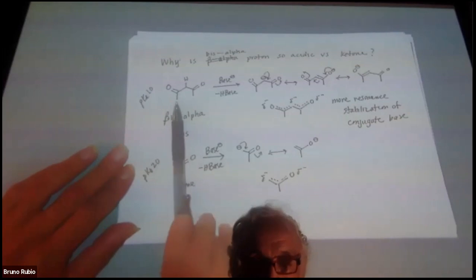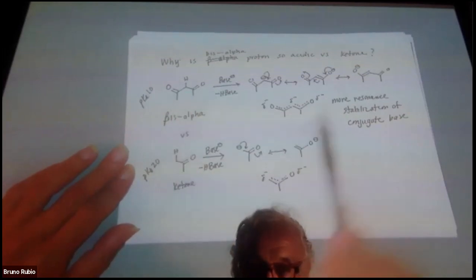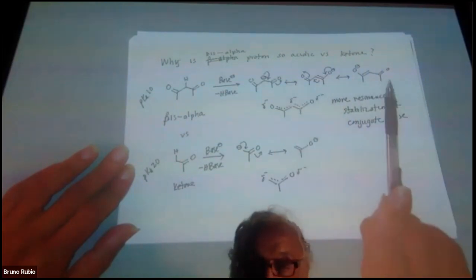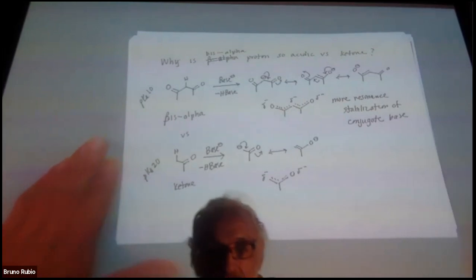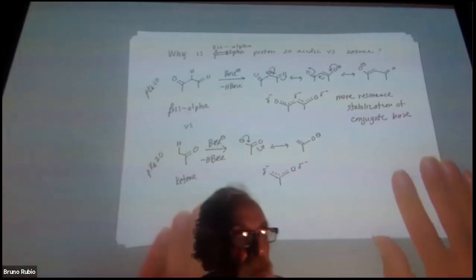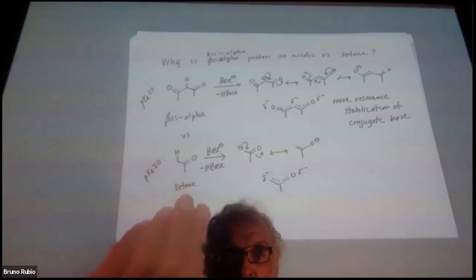So this guy is a stronger acid than this one. This is a weaker base than this one. All right, and so we see that resonance plays an important role in determining acid and base strength. Let's look at another example from that table.